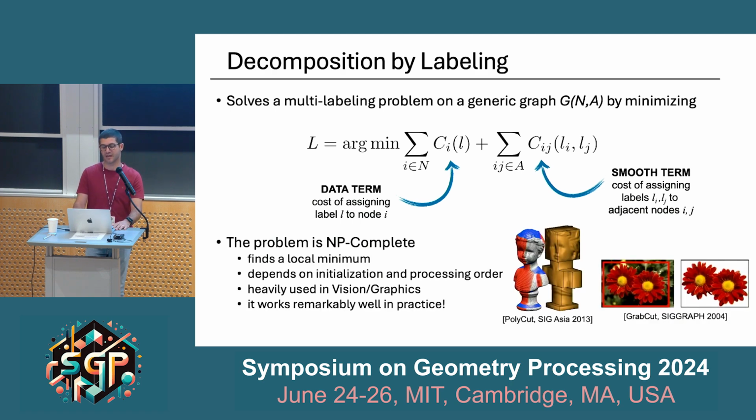Okay? So this is known to be an NP-complete problem, but there are good heuristics to resolve it. And it's a type of formulation that has been extensively used in computer graphics and computer vision, for example, for image segmentation, polycube construction, and a lot in fabrication as well.